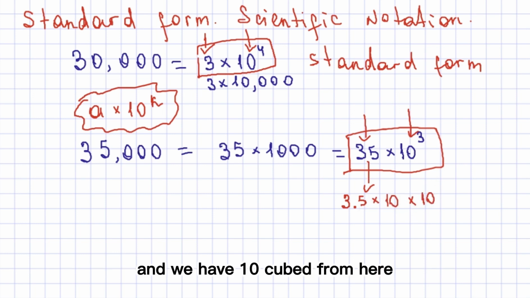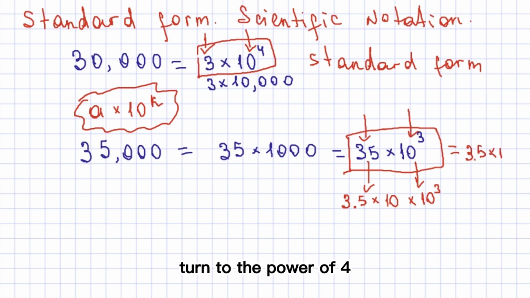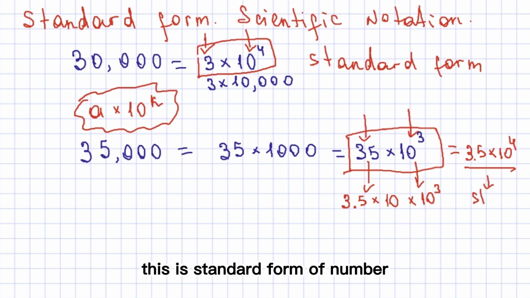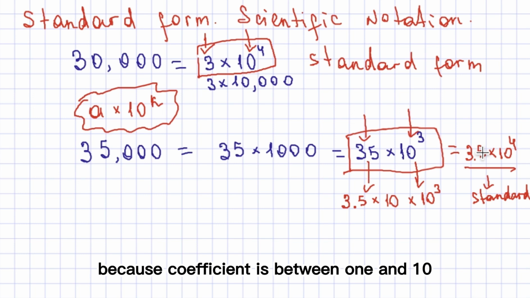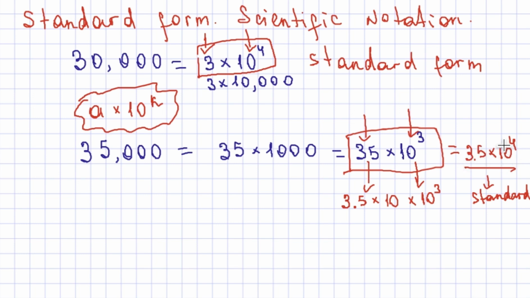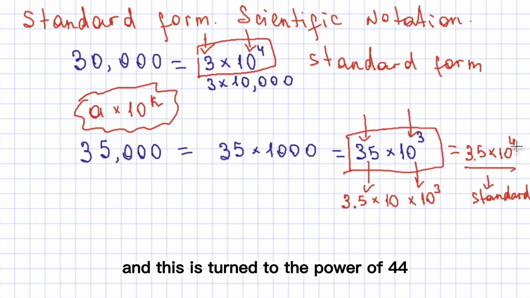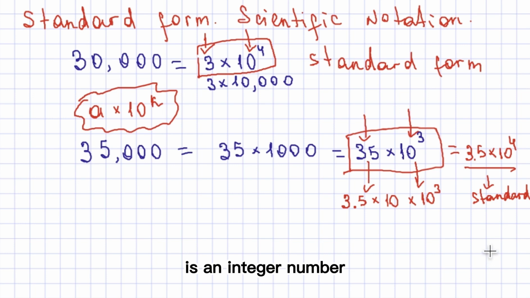And we have 10 cubed from here. So the new answer will be 3.5 times 10 to the power of 4. This is standard form of number because the coefficient is between 1 and 10, and this is 10 to the power of 4, where 4 is an integer number.